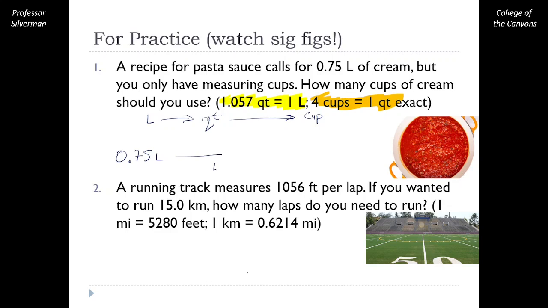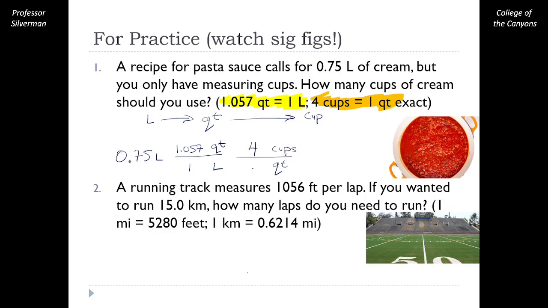Step 1, we're going to cancel out liters and get over to quarts. If you have 1 liter, this is the same as 1.057 quarts. Second step, we want to cancel out quarts, and we want to end up in cups.